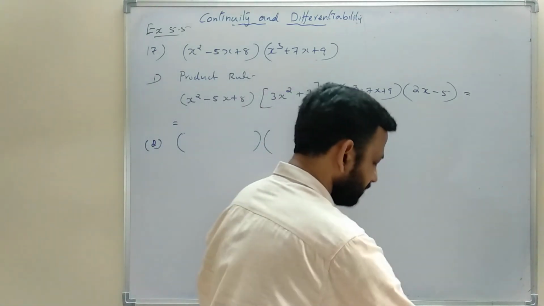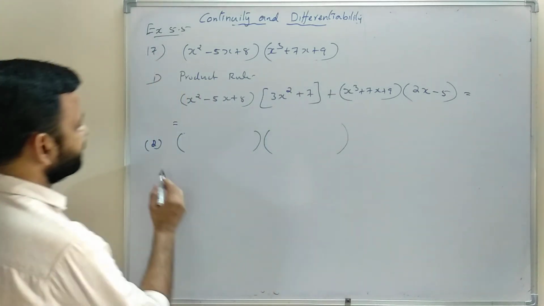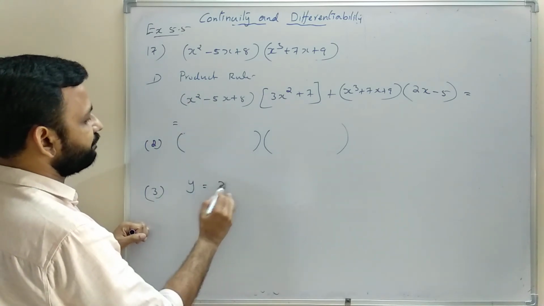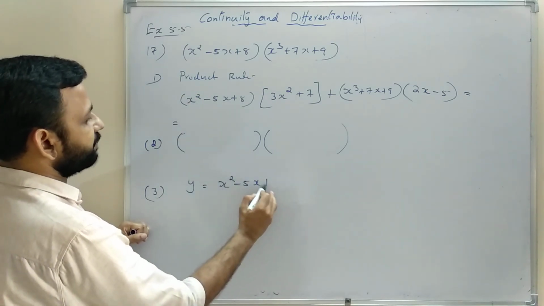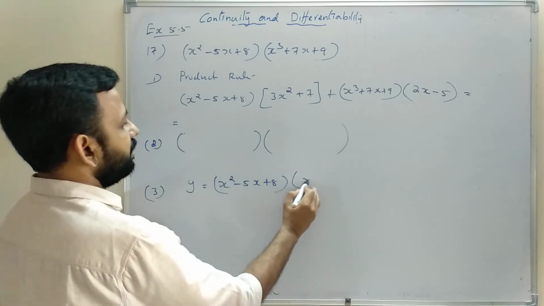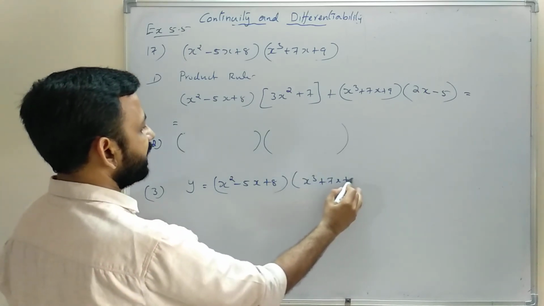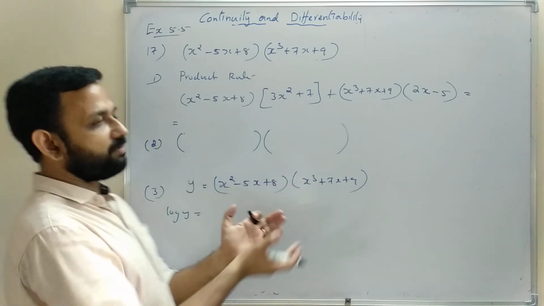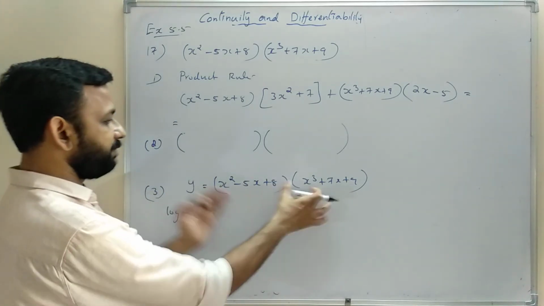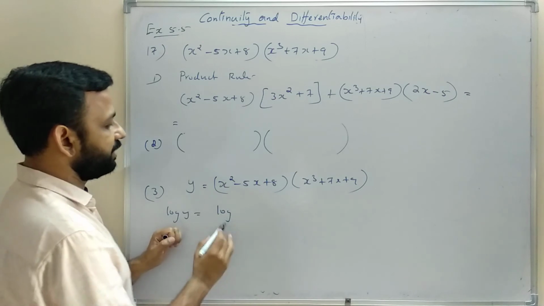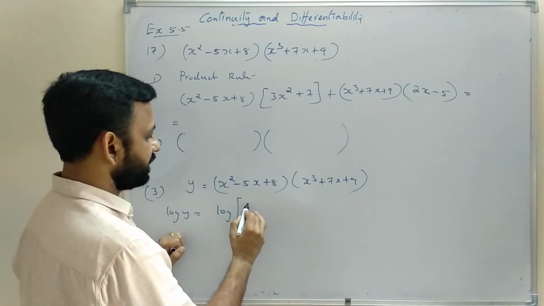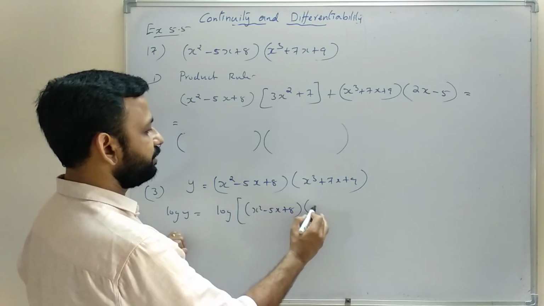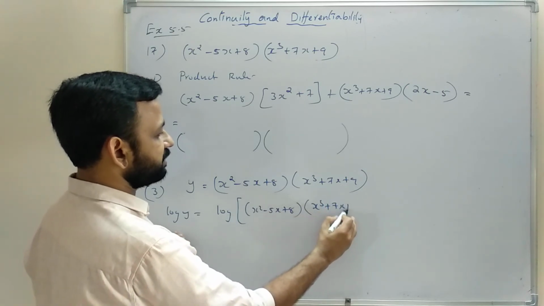Then the third one is logarithmic differentiation. In the third method, we will take this as y. y is equal to x square minus 5x plus 8 into x cube plus 7x plus 9. Then log y is equal to the logarithm of the RHS.